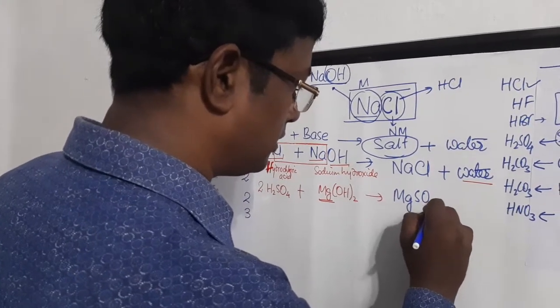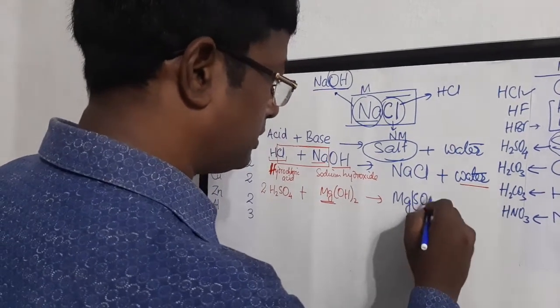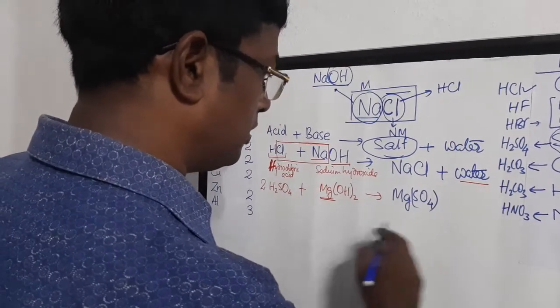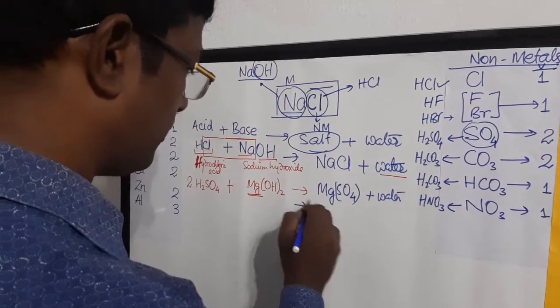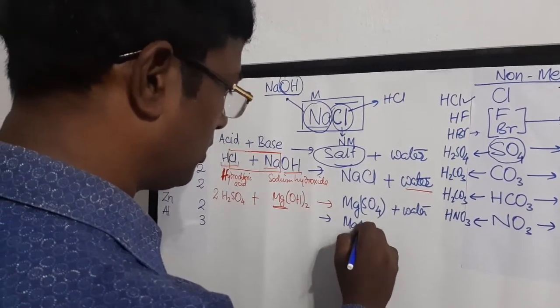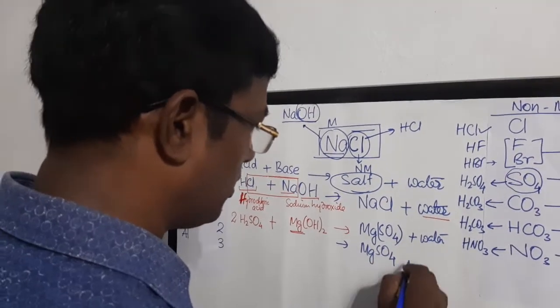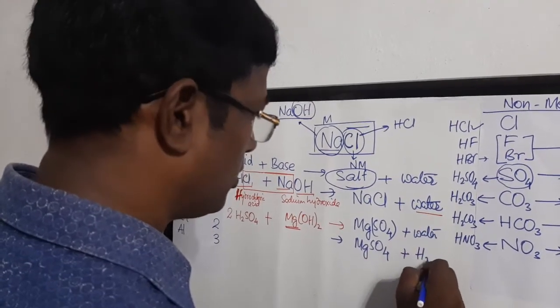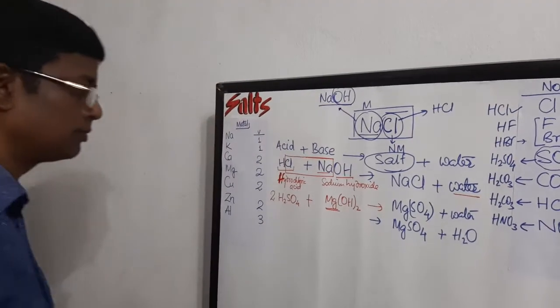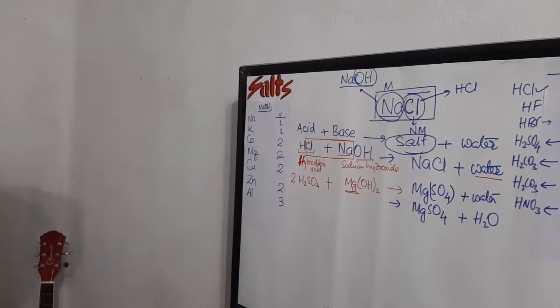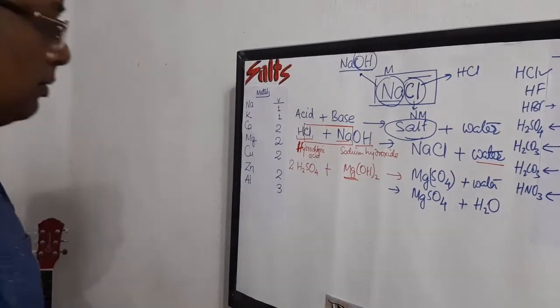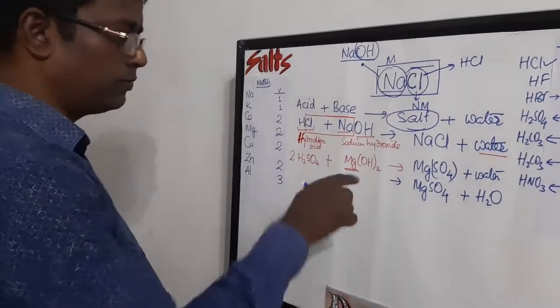This is the salt, but MgSO4 plus water. Now here 2 and 2, 4.